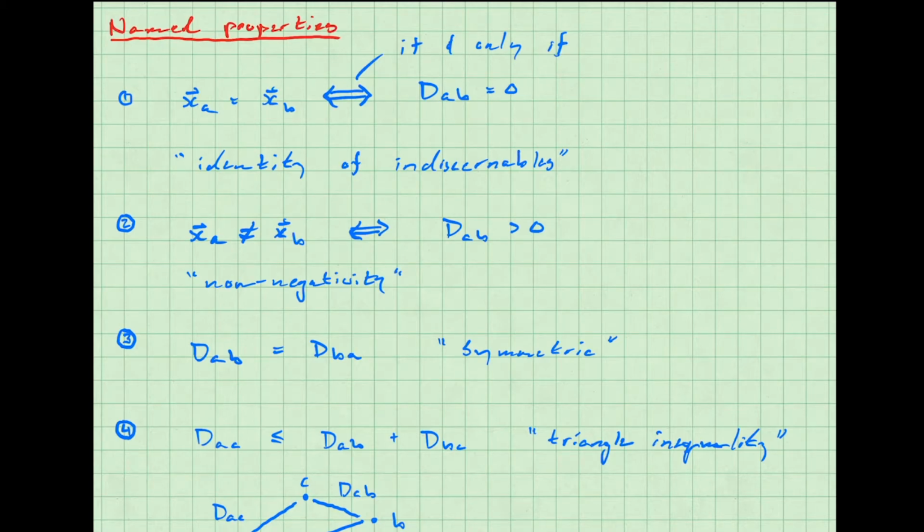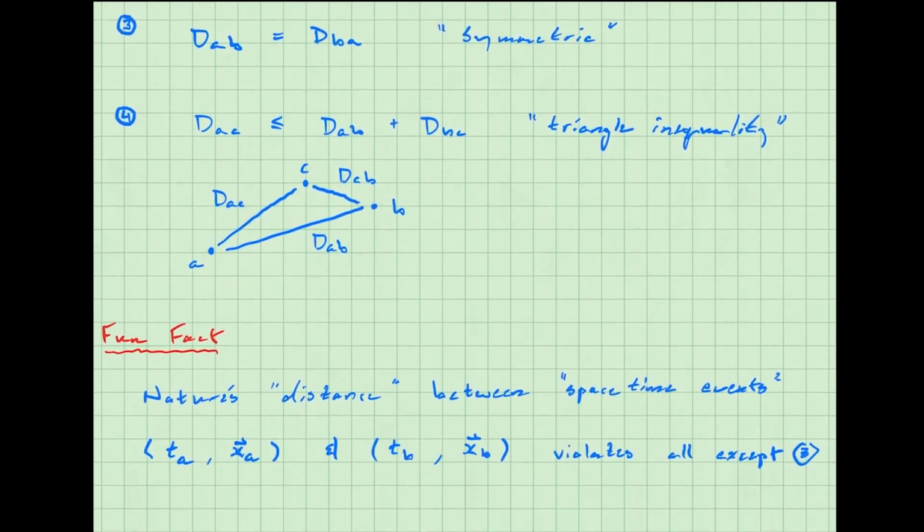It is symmetric. But it is not the case that two events have to be the same if their space-time interval is 0. And it's also not the case that the distance between two space-time events is always positive. It can be negative. Symmetric does happen. The triangle inequality does not necessarily hold.